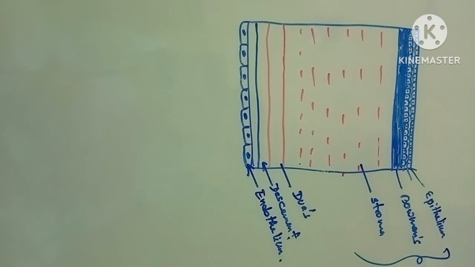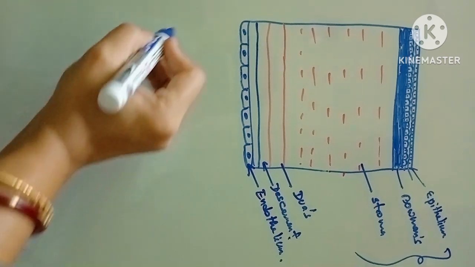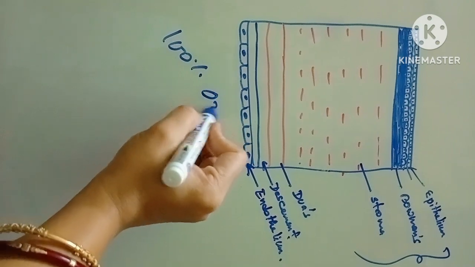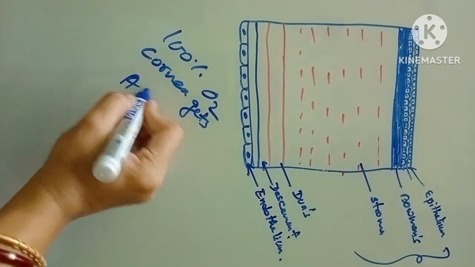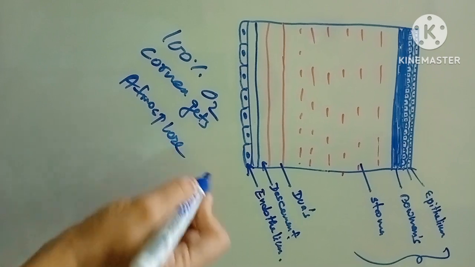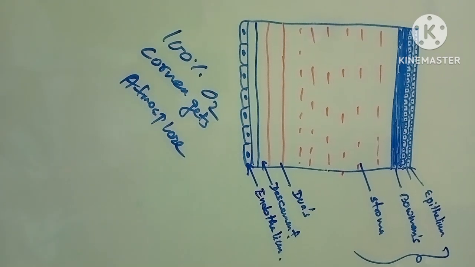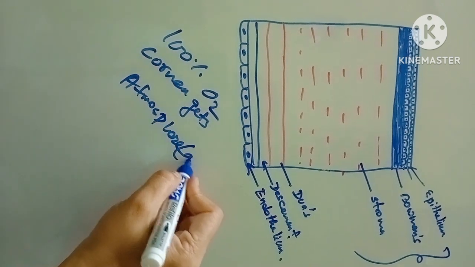And yes, aqueous humor also plays a vital role in the cornea getting nutrition, through diffusion and active transport. And how is oxygen provided to the cornea? The cornea gets 100% of its oxygen from the atmosphere, from nature, from the air.